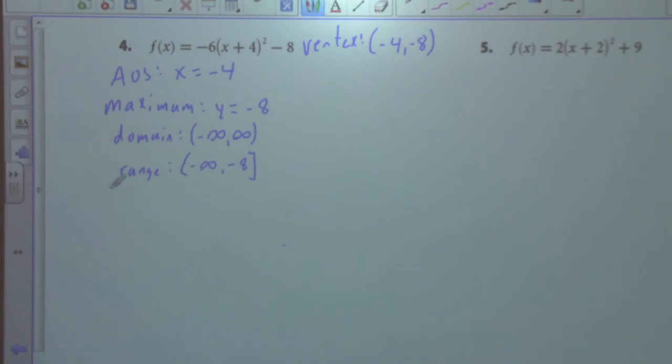And then it would be increasing on negative infinity up to x equals -4 and decreasing -4 to infinity.